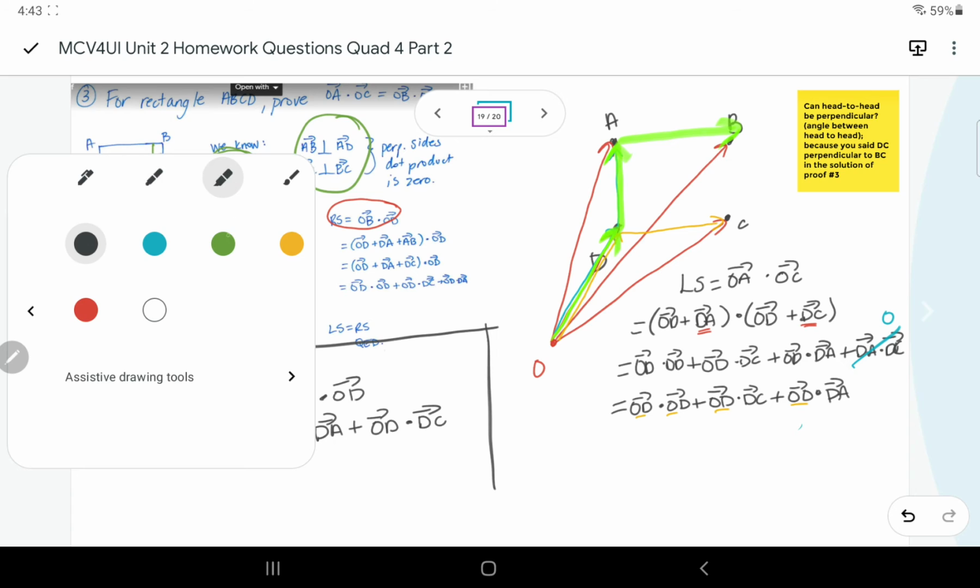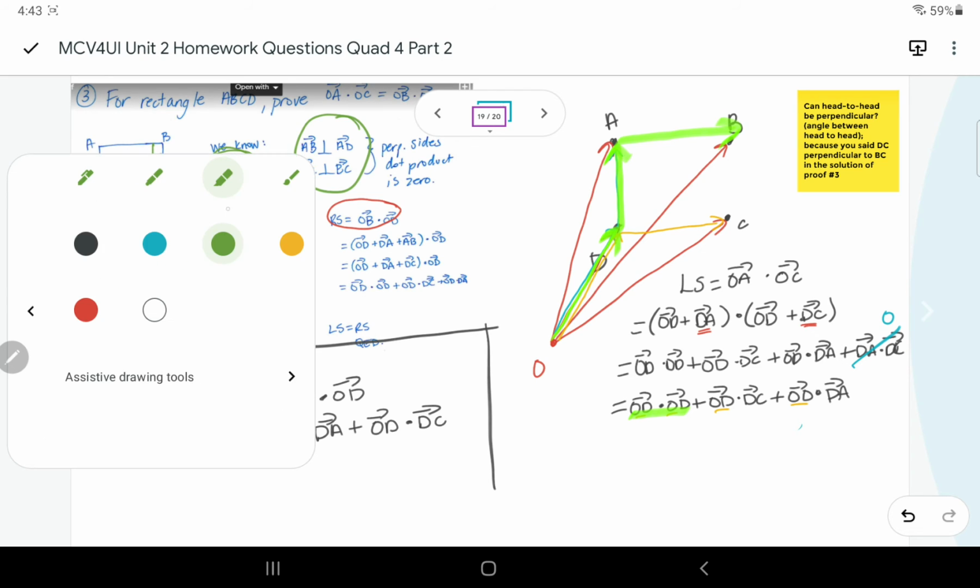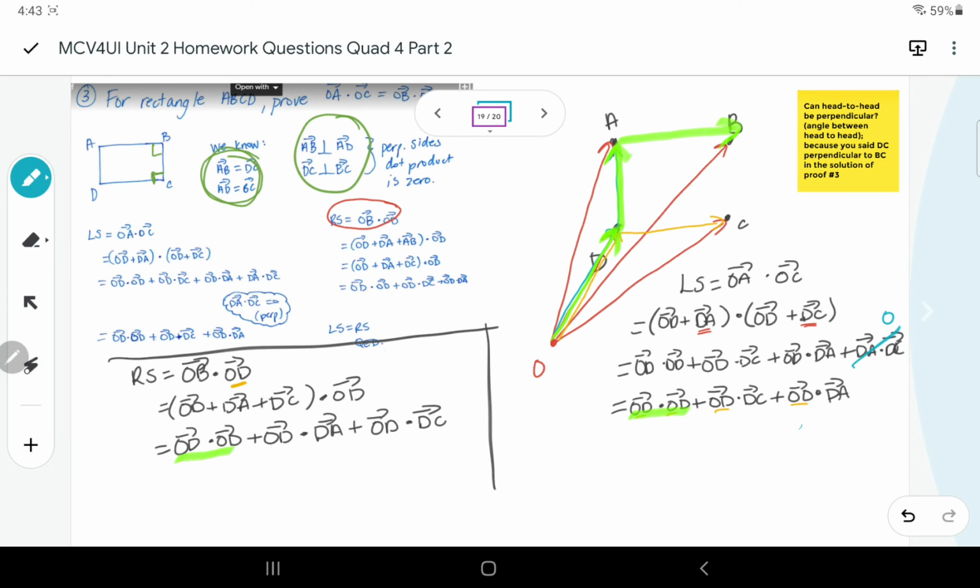If I take a look and highlight the stuff that I have, this OD dot OD is the same on both sides. I also have OD dot DA on both sides. And the two that are different are not, oh, I thought I had to do a substitution here.